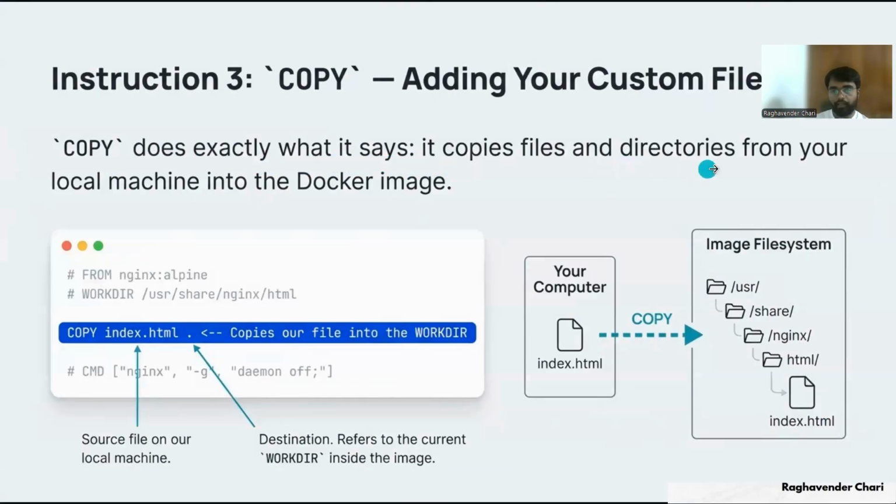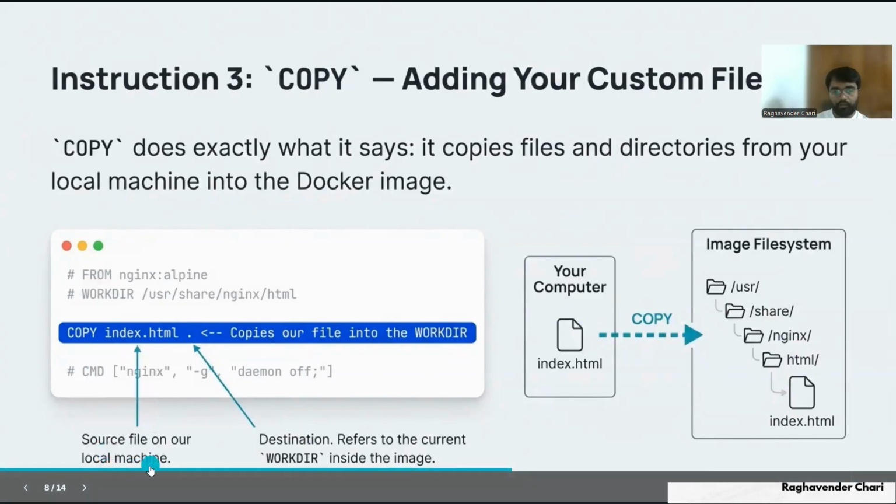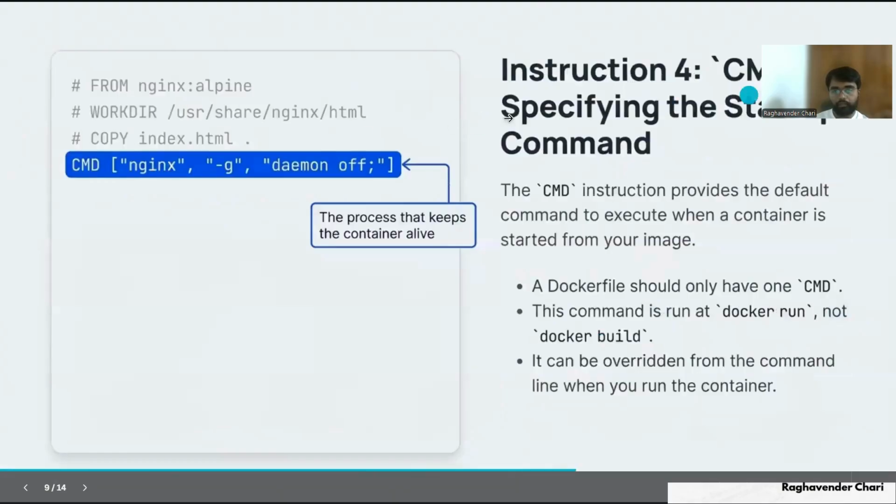COPY does exactly what it says. It copies files and directories from your local machine into the Docker image. The source file on your local machine is index.html, and the destination refers to the current work directory inside the image.